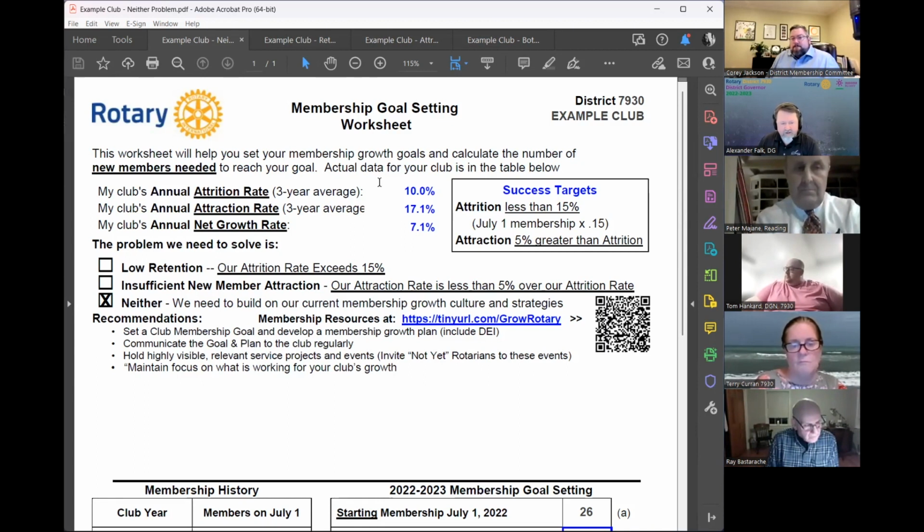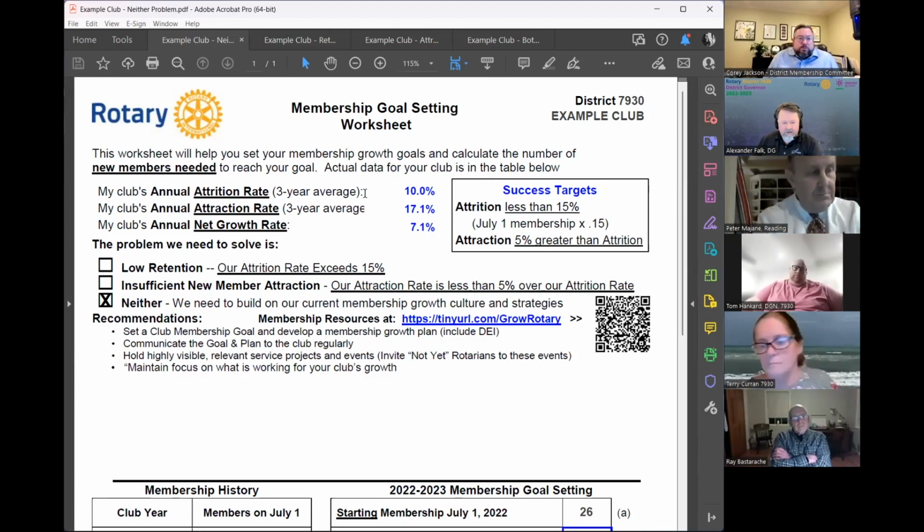And that has to do with the fact that people are moving, changing locations, changing jobs, people are passing away. So there is sort of a lower limit to where attrition can be. But you want to be sort of in that range between 10 and 15%. So your success target for attrition is to be less than 15%. And if you can stay in that range of 10 to 15, then you're doing really well and can be a positively growing club.